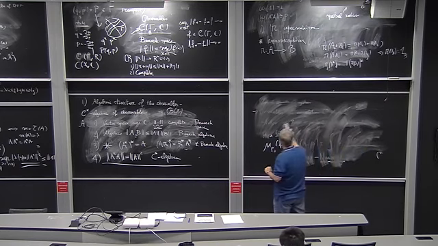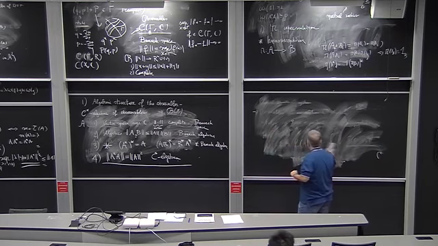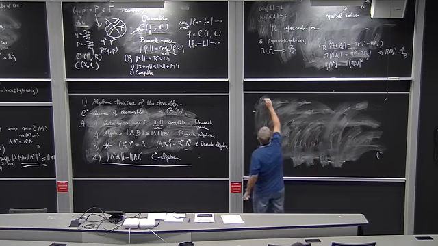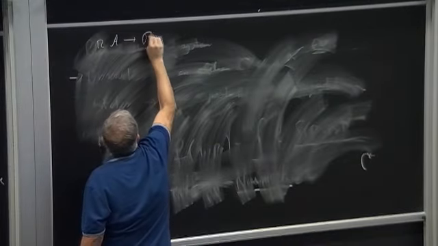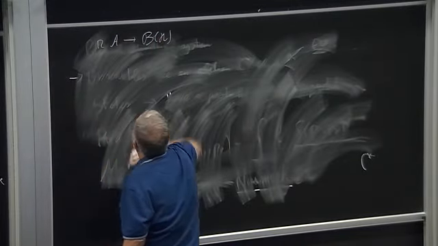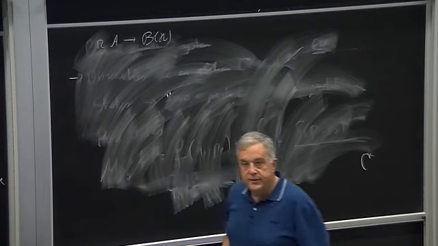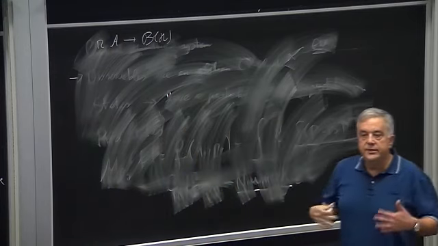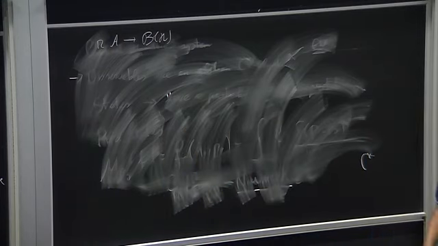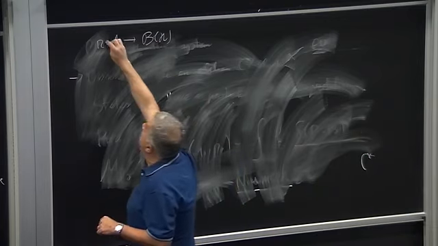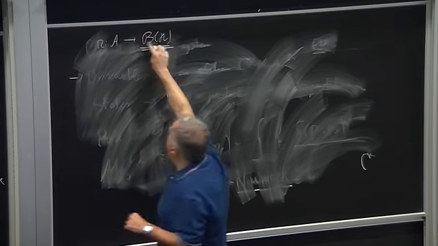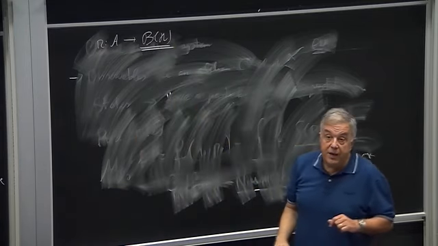So a representation is a star homomorphism of the algebra into the bounded operators in a certain Hilbert space. This is what a representation is. It's a map which preserves all the algebraic structures and is realized as a subalgebra of this particular algebra.